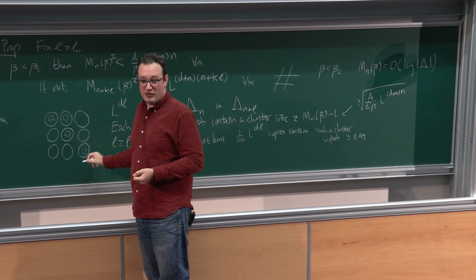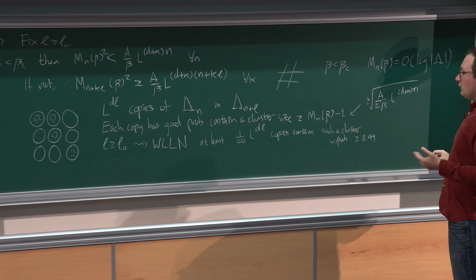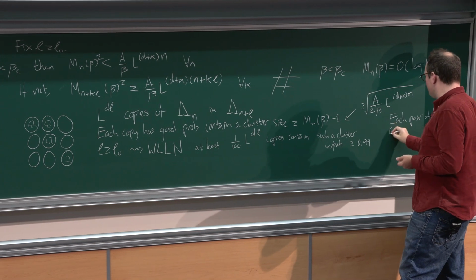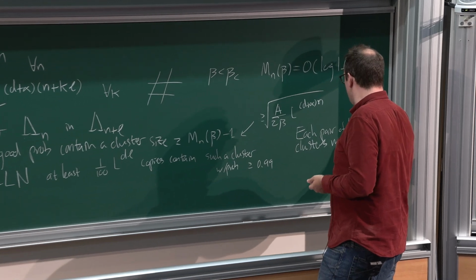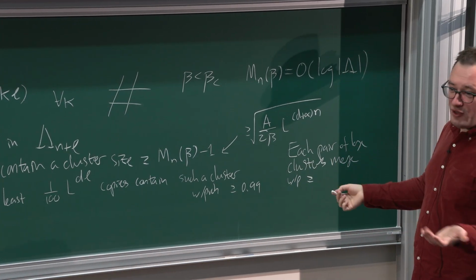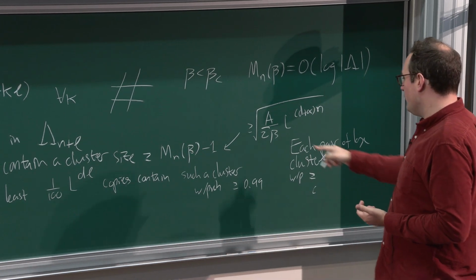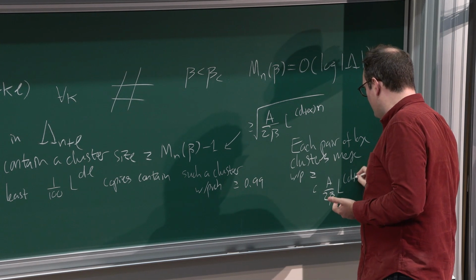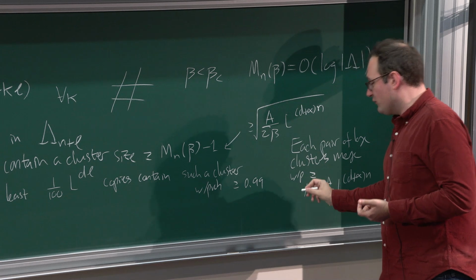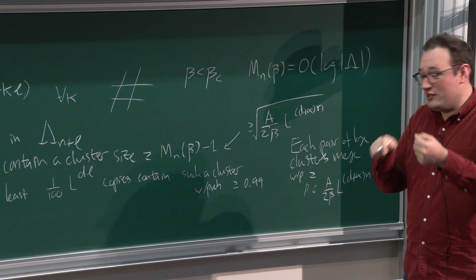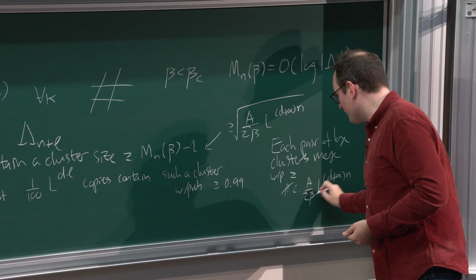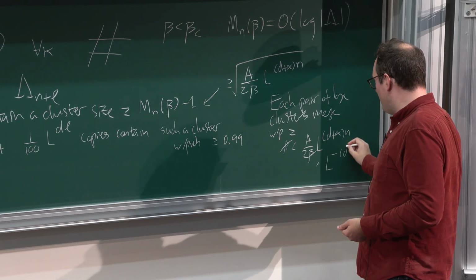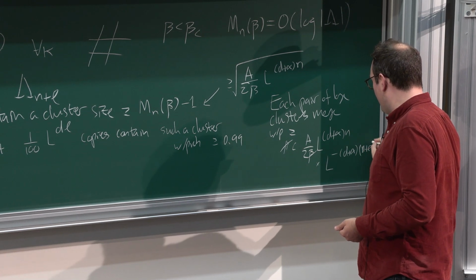But each pair of large clusters merges with probability at least some constant times the product of their sizes, which is A over 2 beta, L to the d plus alpha n, times beta, because that comes into the probability that you put an edge there, and that's why we put this factor 1 over beta here, to make these cancel, times L to the minus d plus alpha n plus l.